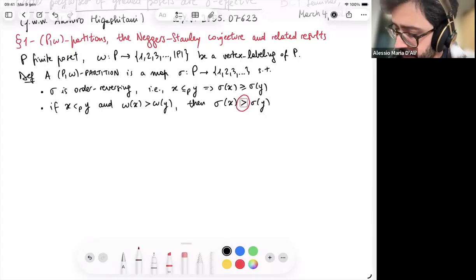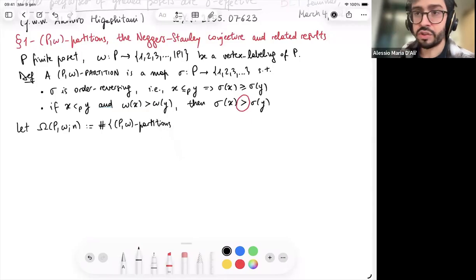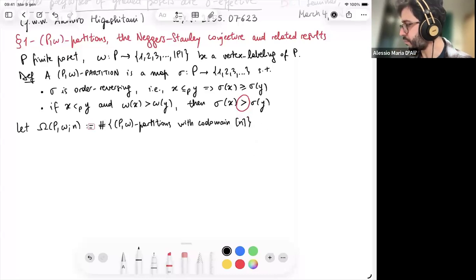And then you can count these. So this would be the number of P-omega partitions. And I want just to fix the codomain and say, well, I cannot use numbers that are larger than some n. So I'm going to say that the codomain is 1, 2, 3, up to n.